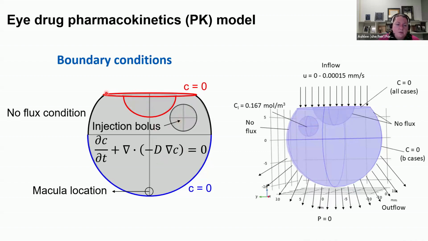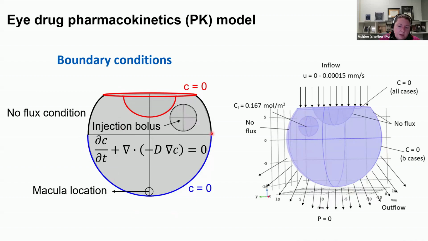We consider this top layer to be the boundary between the anterior, the front part of the eye, and the posterior, the back part of the eye. We always allow there to be a flux across this. It's very well known that there's fluid exchange between the front and the back of the eye.